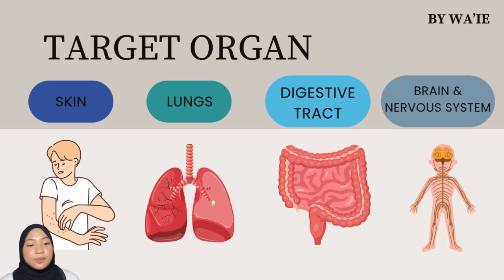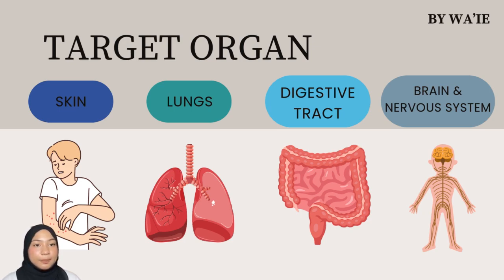If we inhale toxic chemicals, it can damage your lungs, leading to breathing issues or long-term lung disease. Thirdly, digestive tract. If we swallow harmful chemicals, it can damage the stomach, leading to abdominal pain and, in severe cases, internal bleeding.